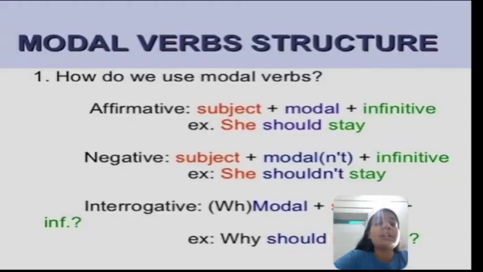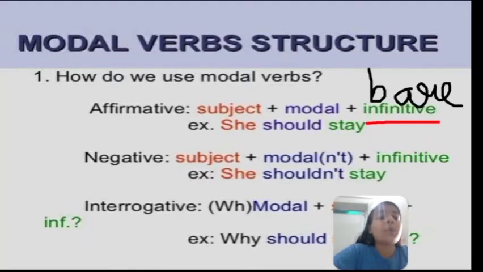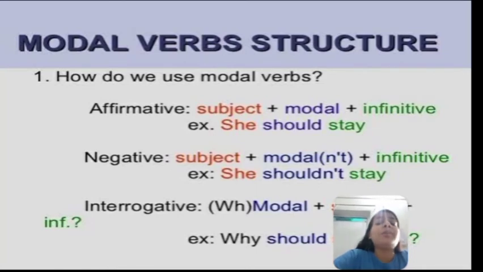Now, how do we use modal verbs to form sentences? For an affirmative, or positive, sentence, modals are used just after the subject: subject plus modal plus infinitive, and here the infinitive is the bare infinitive, without to. For forming a negative sentence, modals are followed by the negative word not, like she shouldn't stay.